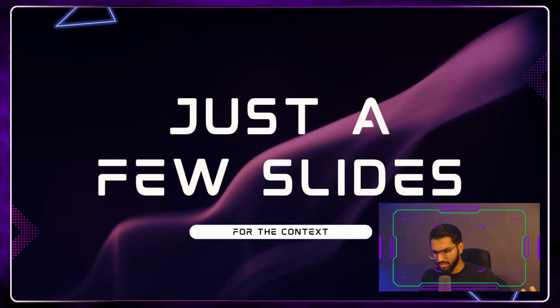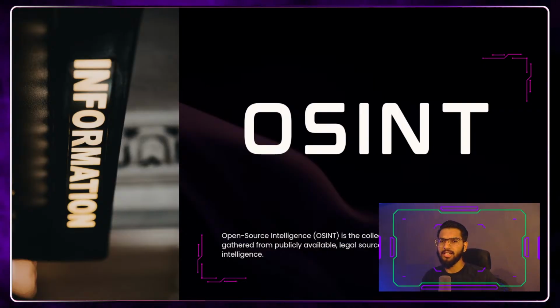Let's dive into this. Now, OSINT. What I am doing in this stream is talking about and showing a live demonstration of OSINT, or open source intelligence gathering. What exactly are we doing in this live stream? We are using the skills of gathering information, of finding information which is publicly available in any form or any source or any location anywhere on the internet.